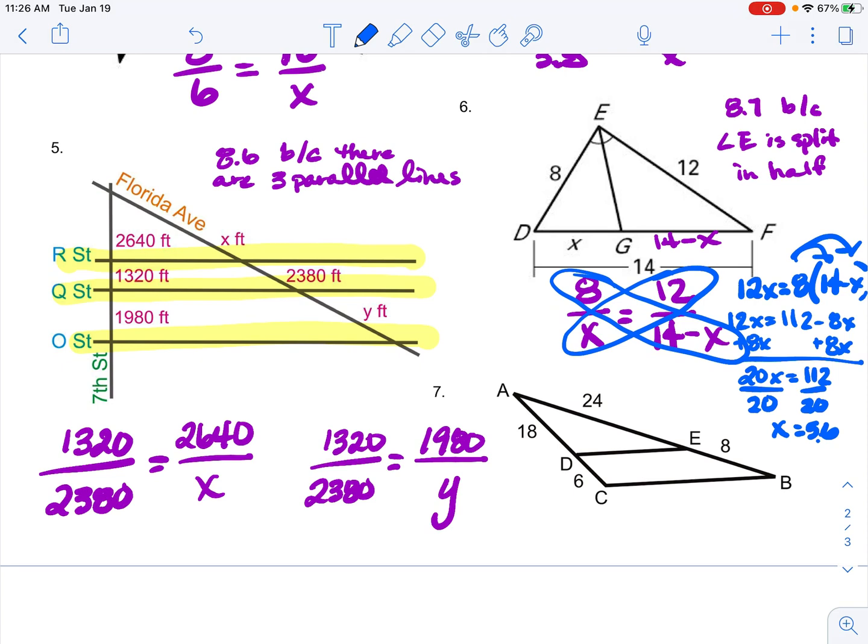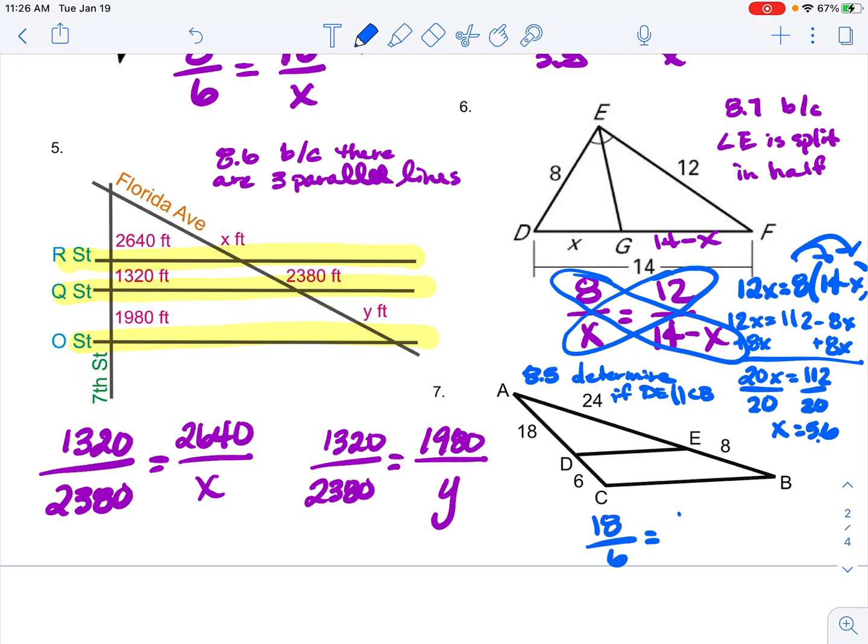All right, and the last one. So this one, I see a triangle with a line inside of it, but I don't see any statements that they're parallel lines. So I'm using 8.5, and I'm doing that to determine if DE is parallel to CB. And so I set up the proportion.